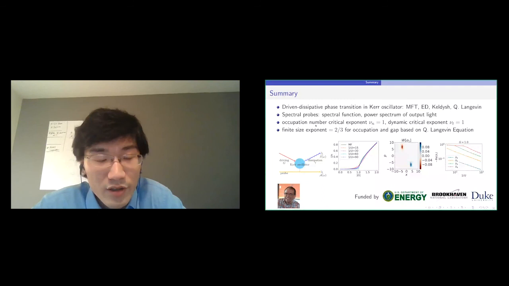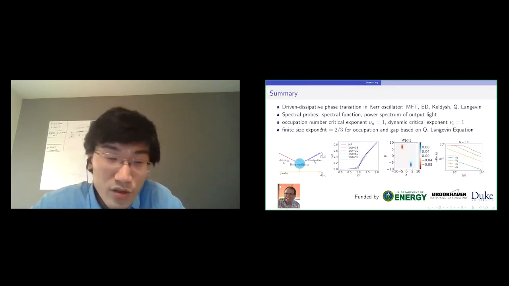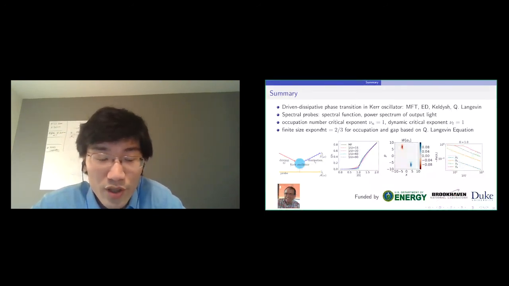And we calculated the critical exponent for the occupation number and the dynamic critical exponent. They are both 1. And then using the quantum Langevin equation, we calculated the finite size scaling exponent. They are both 2 divided by 3 for the occupation number and the gap.